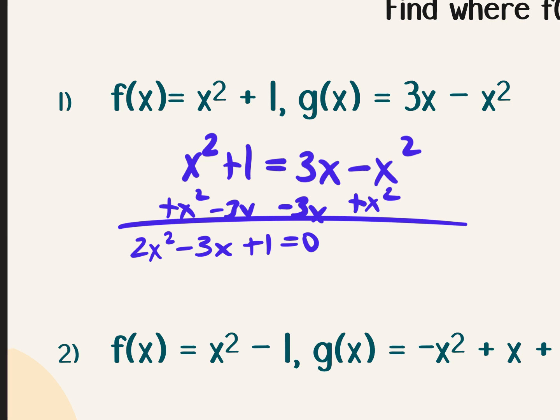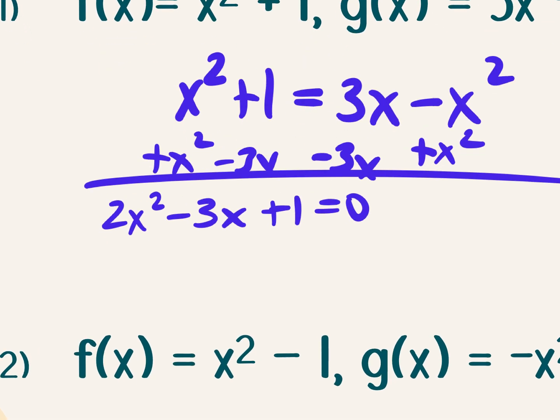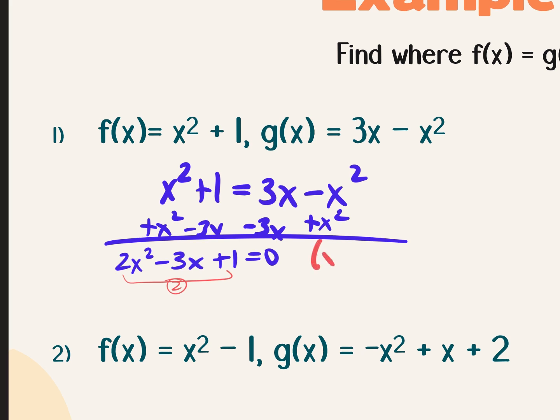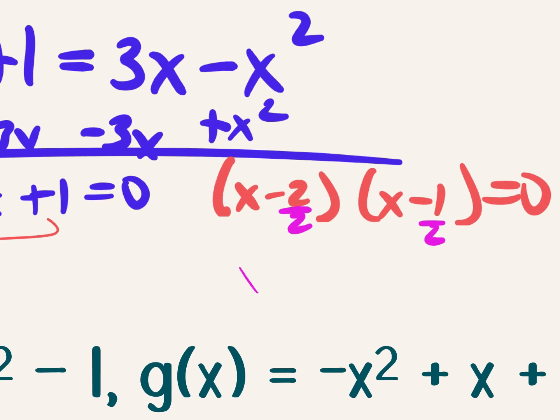What should we try to do first? Let's try to factor it. Can I? Are there factors of positive 2 that multiply to give me 2 but add to give me a negative 3? Okay, so x minus 2 and x minus 1 equals 0. And then what do I have to remember to do? Divide both of these by 2. How come? Because your a term is not 1. So this becomes x minus 1 equals 0 and 2x minus 1 equals 0.